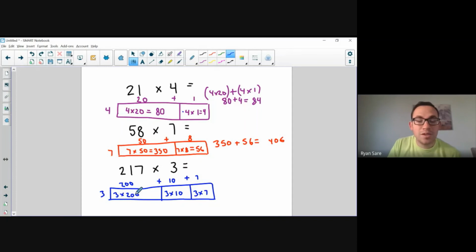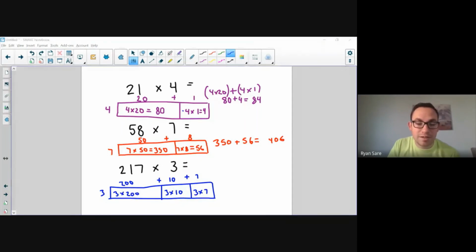So this is 200, and I like to write it out in this written form of 200, because then I can see I'm just doing 3 times 2, so it's 3 times 200, and we can treat this kind of like a label, like meters, or milliliters, or miles, or whatever we're using.